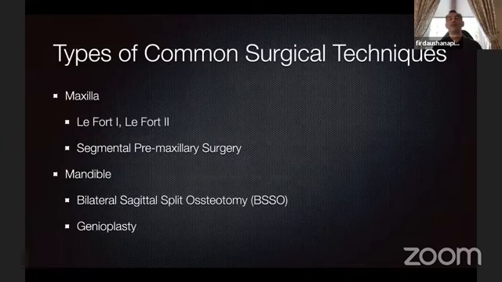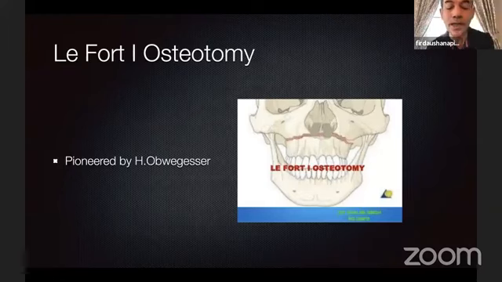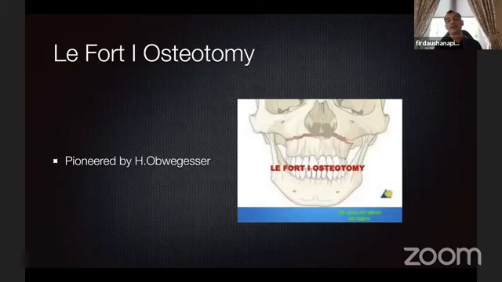The common surgical techniques that we use in the maxilla are the LeFort 1, the LeFort 2, and the segmental premaxillary surgery, while in the mandible it is a bilateral sagittal split osteotomy and a genioplasty, as described by Dr. Kati just before. The LeFort 1 osteotomy was also pioneered by Hugo Obwegeser. He is basically the father of orthodontic surgery. We look up to him. We still look back to his works when we do our work as a general principle.